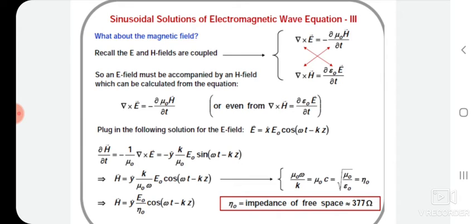Now plug in the following solution for the electric field, E is equal to x-hat E naught cos(omega t minus kz). If we differentiate that, dou H by dou t is equal to minus 1 by mu naught del cross E, or y-hat k by mu naught E naught sin(omega t minus kz).